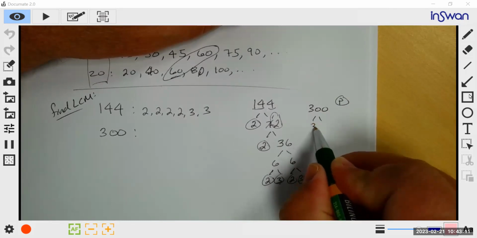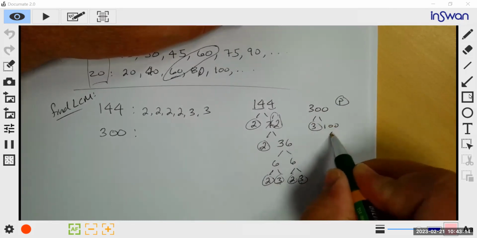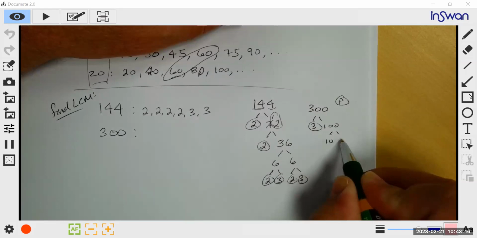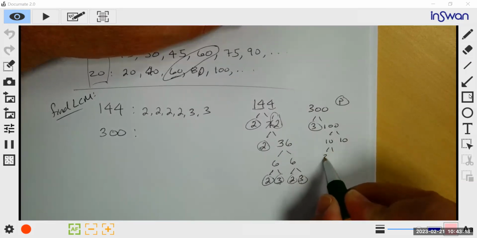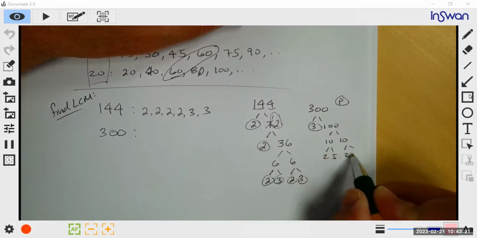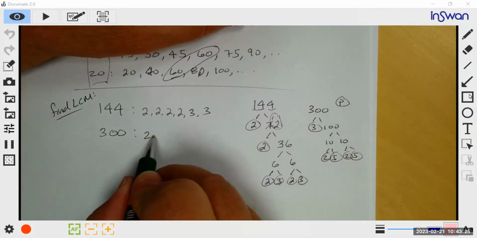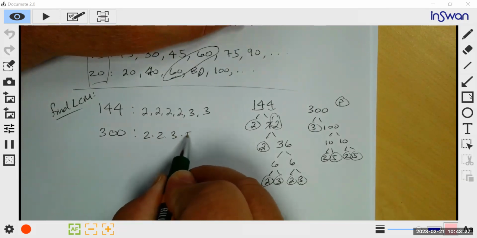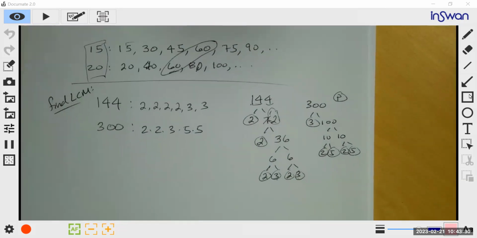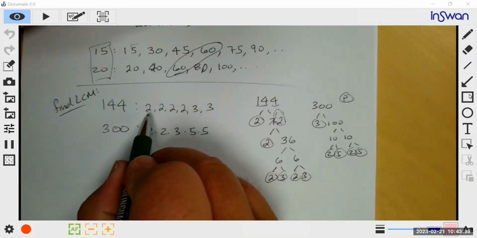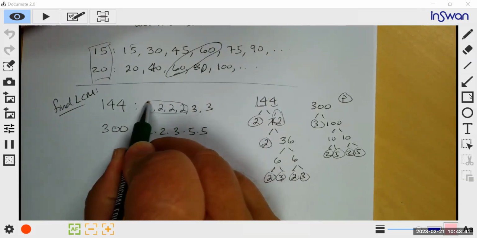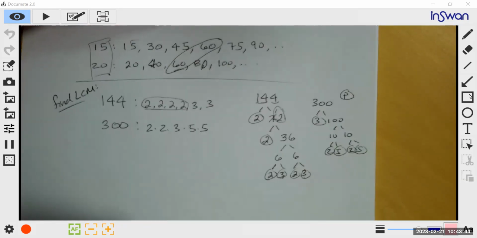300 is made up of 3 times 100, 10 times 10, 2 times 5, 2 times 5. So how many 2s do we got?